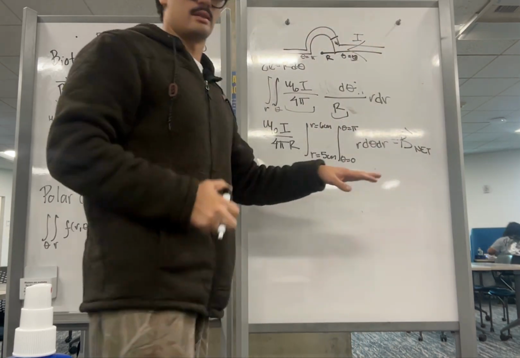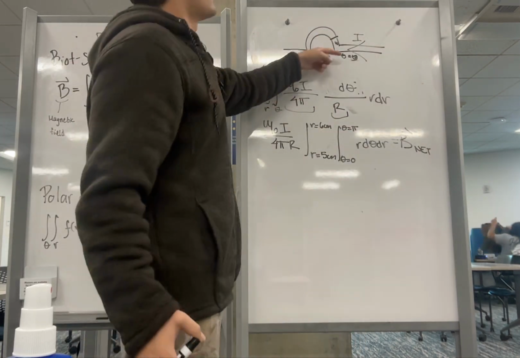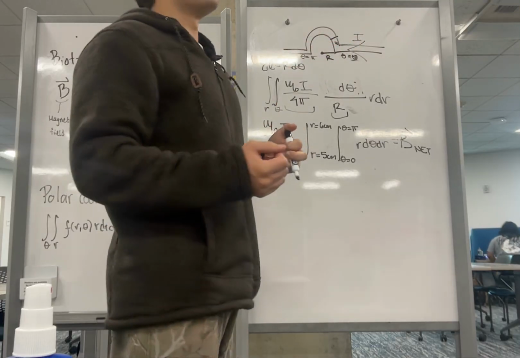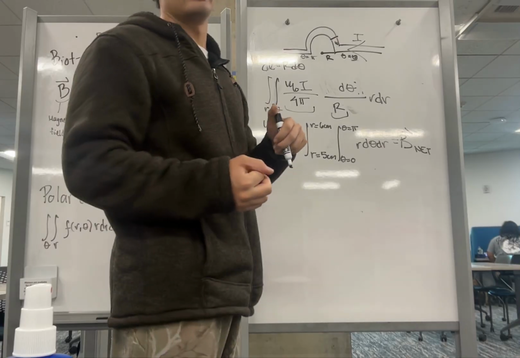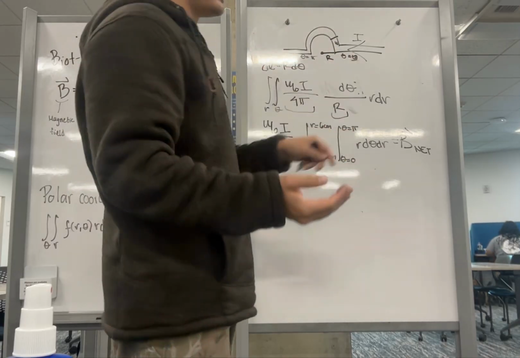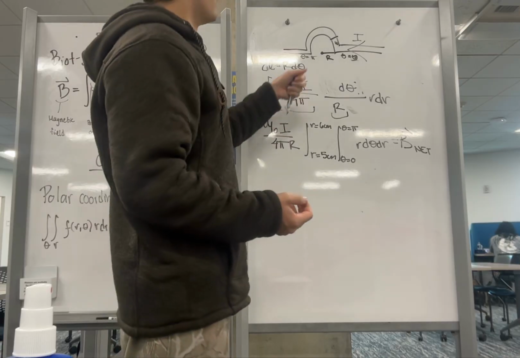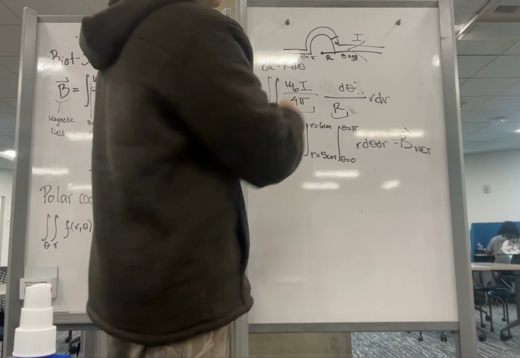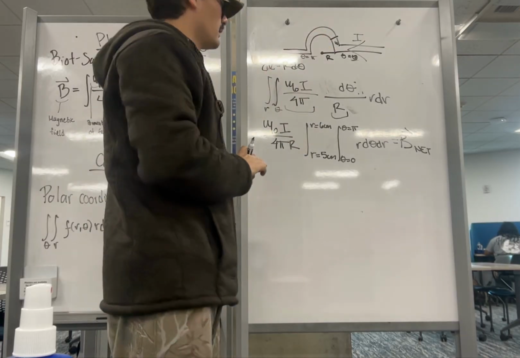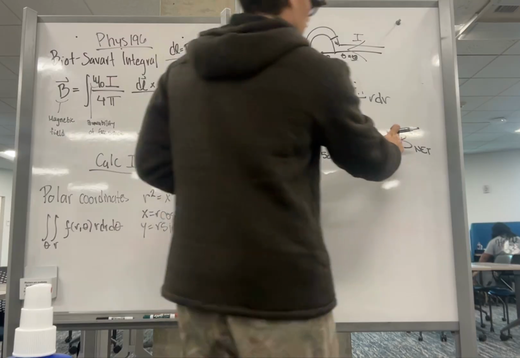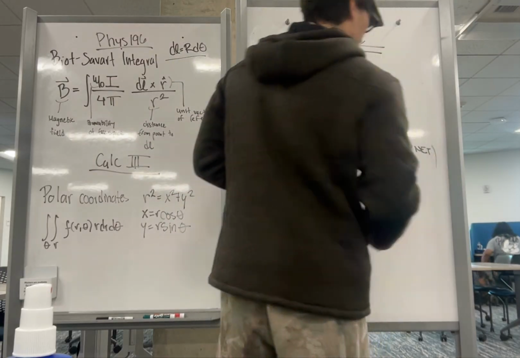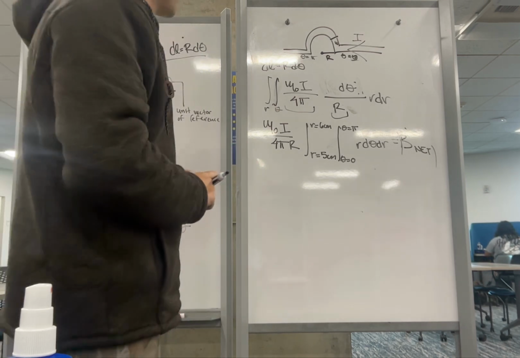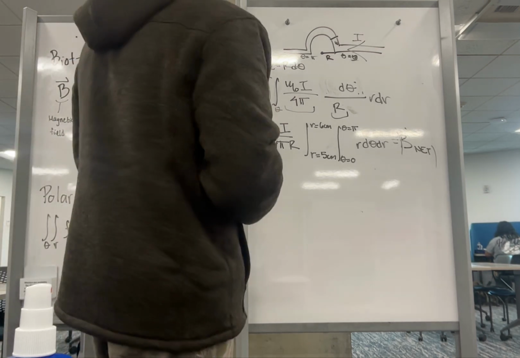I just reiterate, this is the total magnetic field, because at any point in this wire, there will never be an angle that isn't 0 or 180 between the current and the direction vector. So we only take magnetic field from the arc. So it's going to be our magnetic field, and this is just the magnitude. In physics, we use 1 bar, not 2 bars for magnitude, because then it gets nasty.